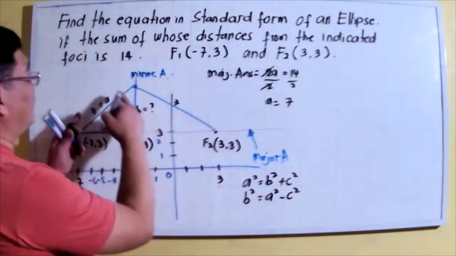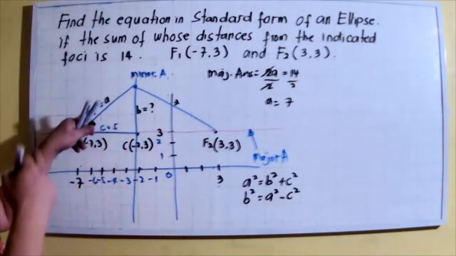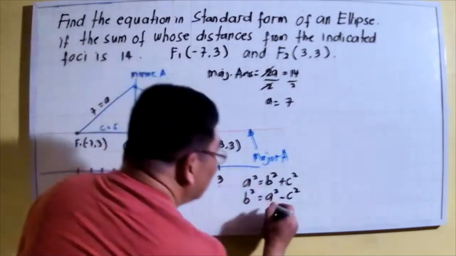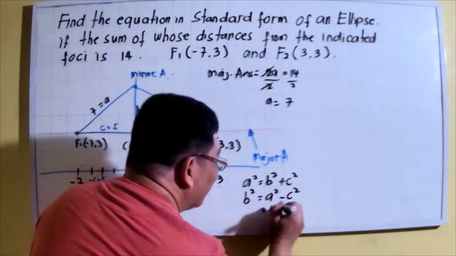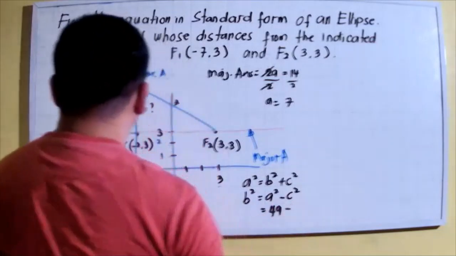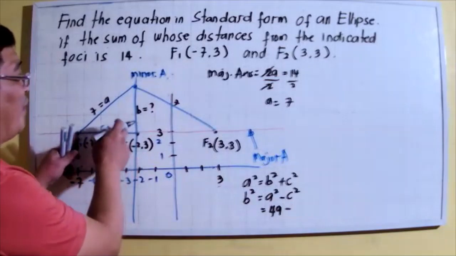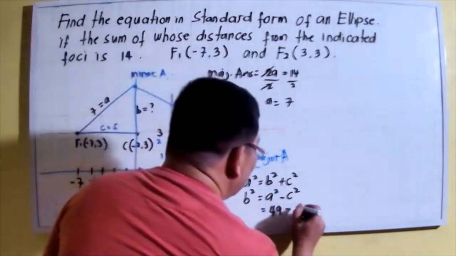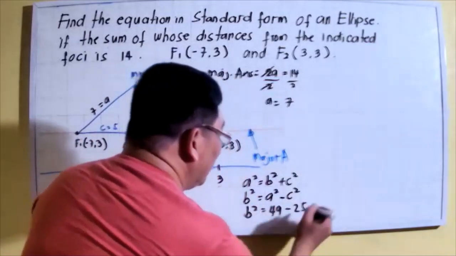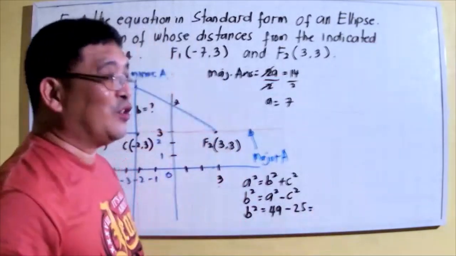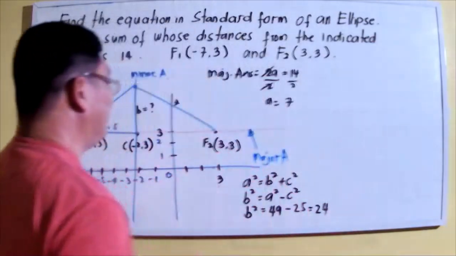With a being 7, 7 square is 49, minus c being 5, 5 square is 25. So b square is equal to 49 minus 25, we have 24.